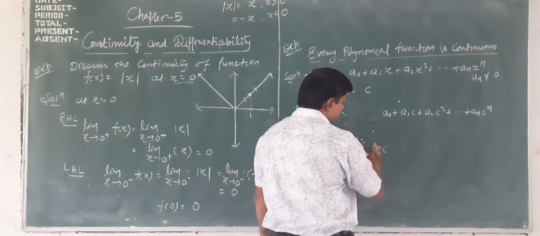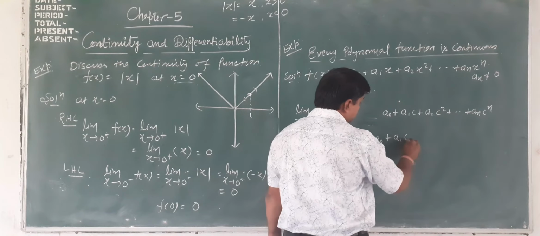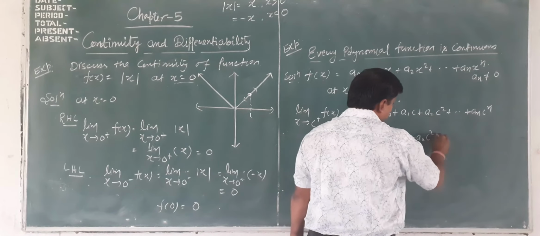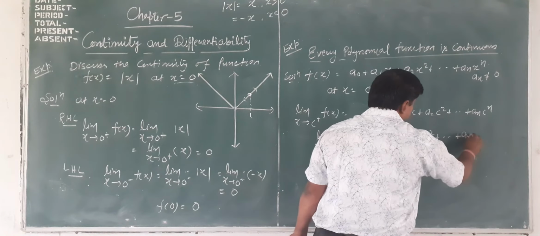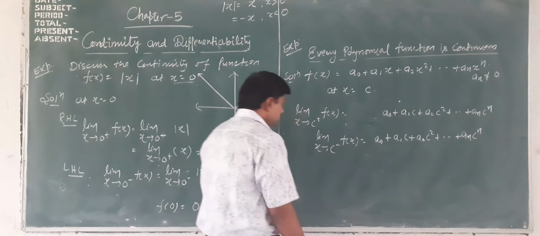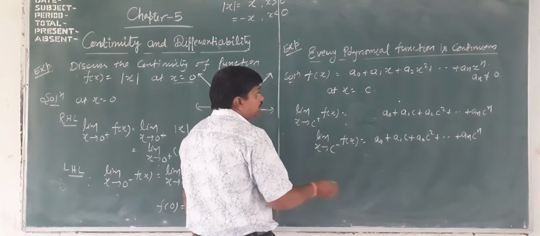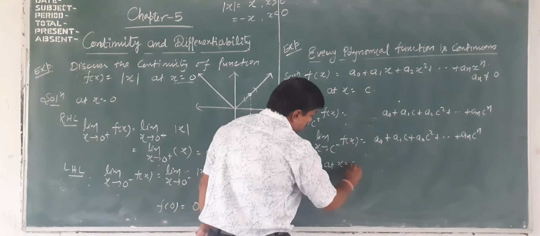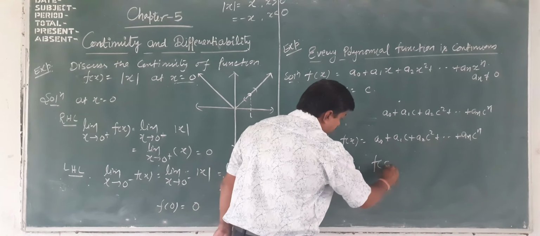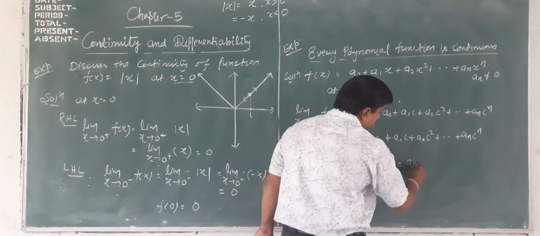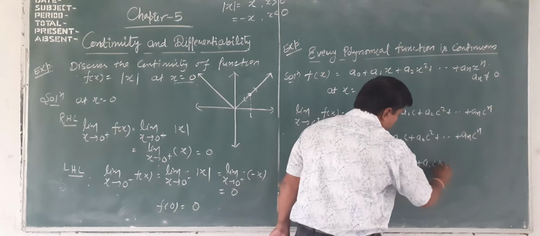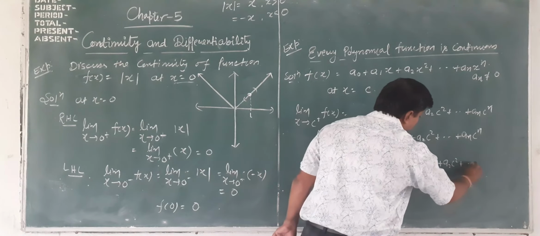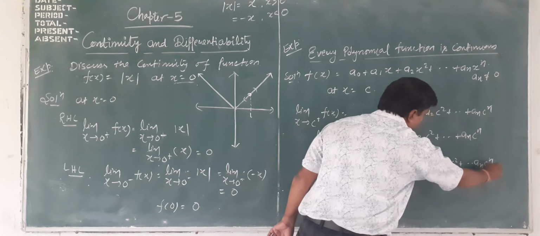After putting the limit, we will get a0 plus a1c plus a2c square plus ... plus an c to the power n. Similarly, at x equal to c, the value of function f(c) is also a0 plus a1c plus a2c square plus ... plus an c to the power n.